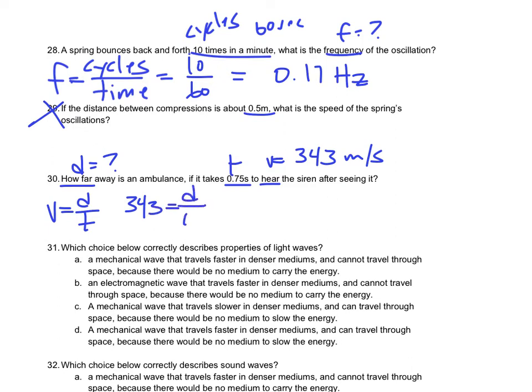My time is 0.75. We're going to set up a fraction on the left so that we may cross multiply. And when I cross multiply the 343 with 0.75, I get 2.25 times 10 to the 8th meters.